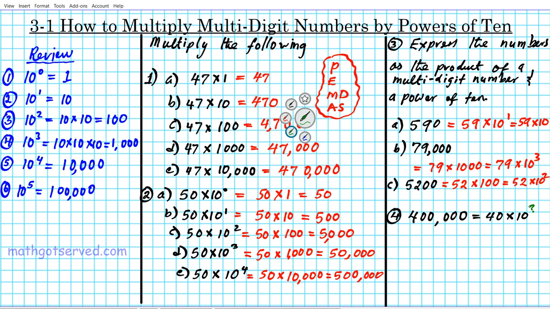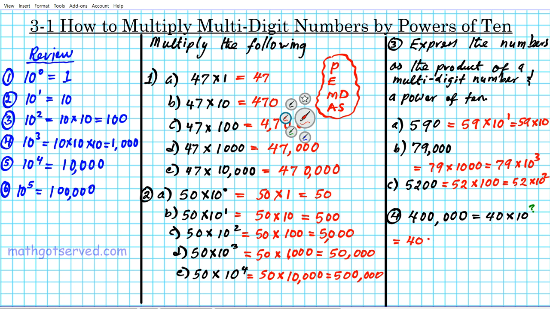What do you think? Well, let's work it out. We have 40 as a factor on the left, times 10 to a certain power.